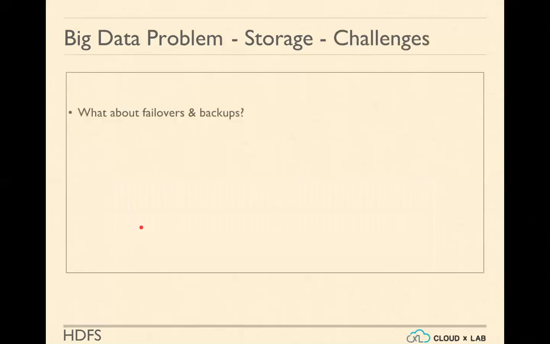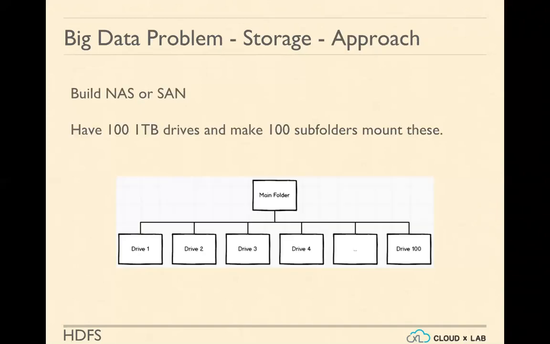So the first concern you raised is, what about failovers and backups, right? In this model, if any of the machines goes down, you don't have a failover or a backup. But at this point, you may argue that we can set up something called RAID, redundant array of independent disks. So you can set up a backup of every drive on the same machine, right?